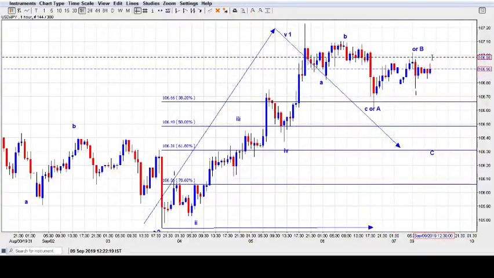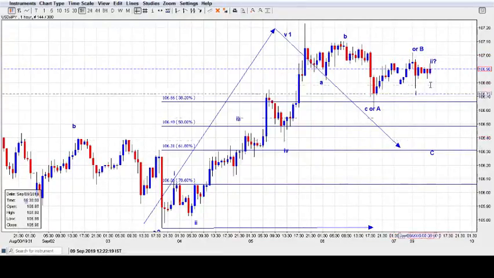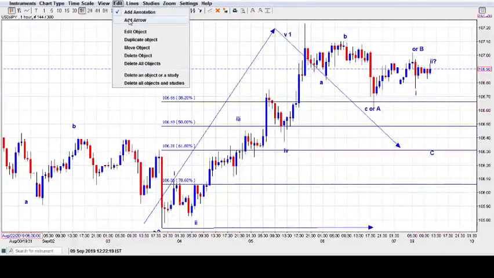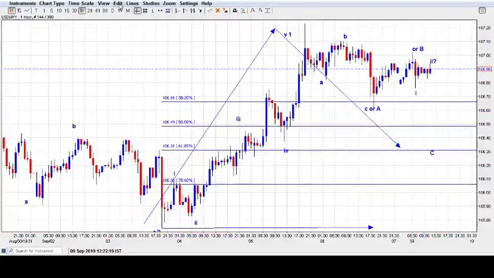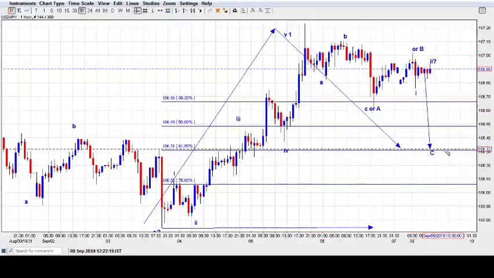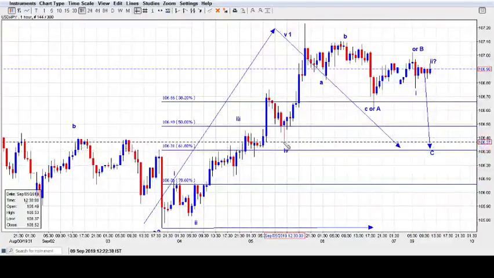We might have gotten a wave 2 already, and wave 3, 4 and 5 would be pushing lower, ideally towards a potential wave C termination point somewhere around the 61.8 Fibonacci, and it's also pretty close to the previous wave 4 terminating point.